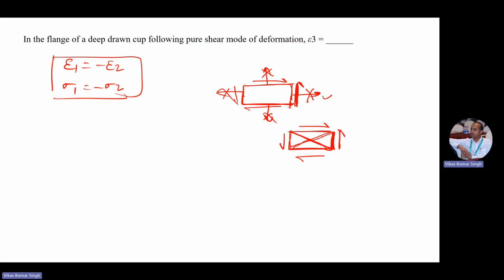So it does not mean that if we are giving only shear stress, every plane will have only shear. If you change the plane, you will have a different state of stress.